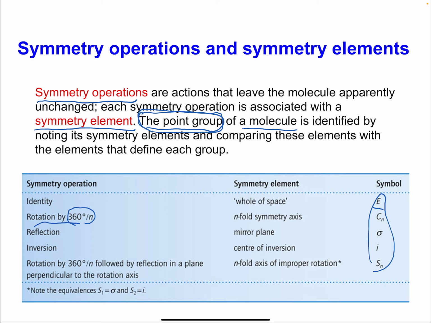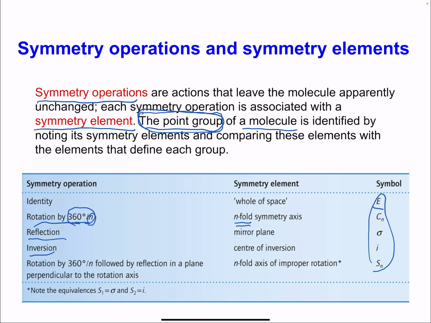Then we have rotation. Rotation means there's an axis, a rotation axis. You rotate a molecule around that axis. How many degrees to rotate is defined by the order of the rotation axis, that we will unfold. So we will give you a specific example later.